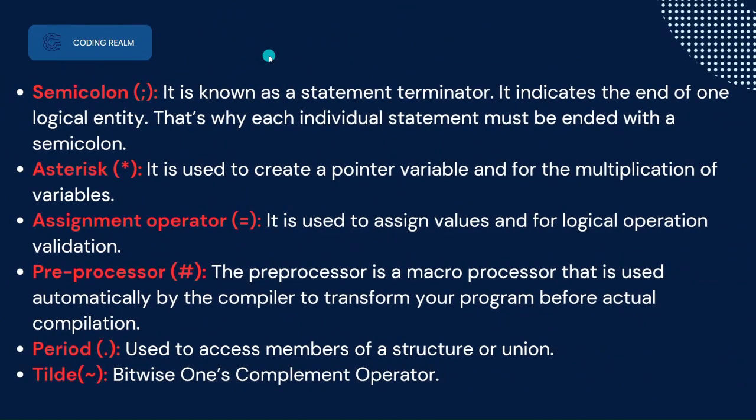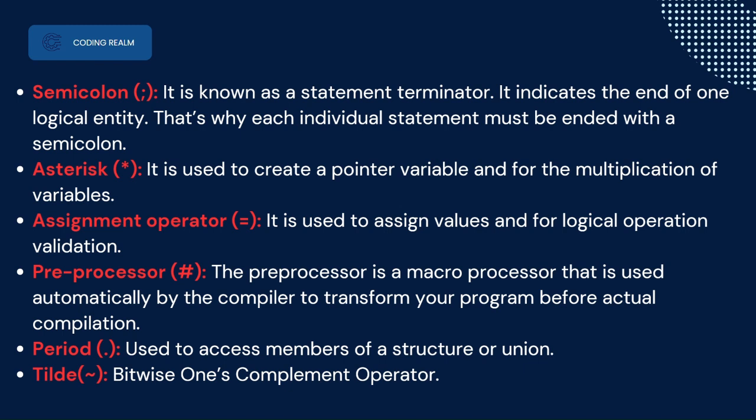We also have the semicolon. It is known as a statement terminator. It indicates the end of a logical entity. That's why each individual statement must end with a semicolon. The asterisk is used to create a pointer variable and for multiplication. The assignment operator, or equals sign, is used to assign values, and the double equals for logical comparison.